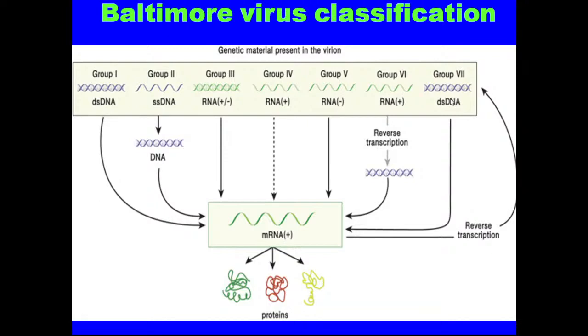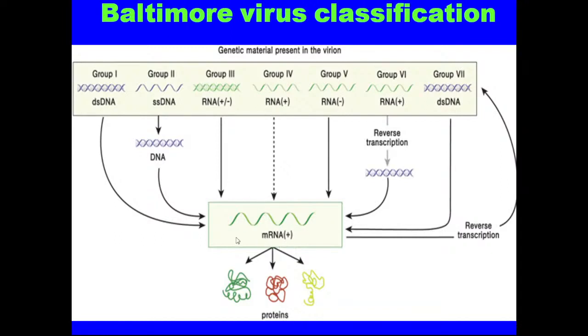So to express its genetic material, it may perform reverse transcription: first normal transcription from DNA to RNA, then from RNA to DNA, and then to mRNA.